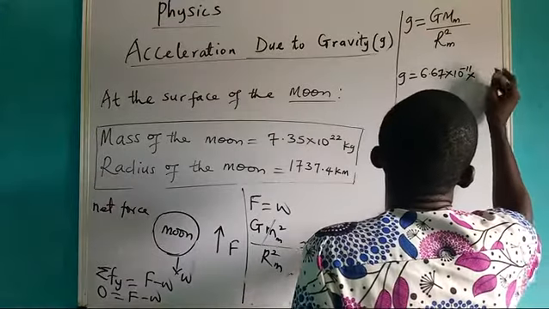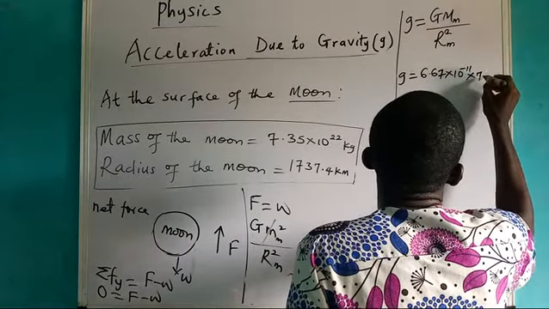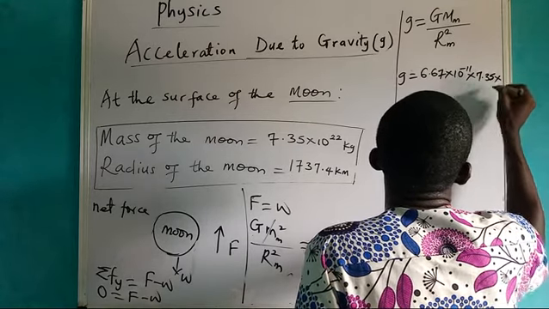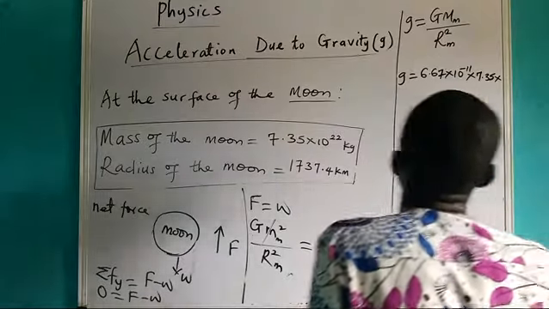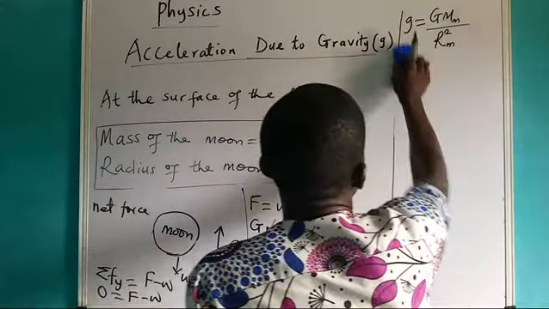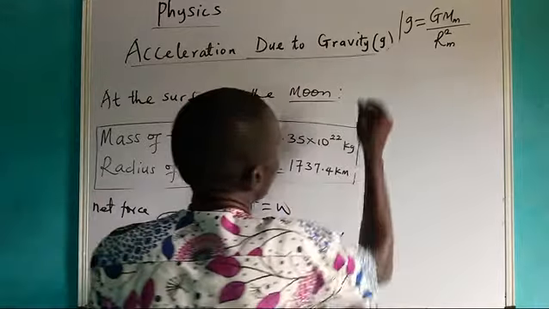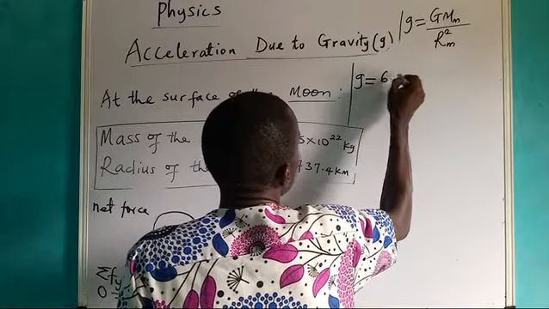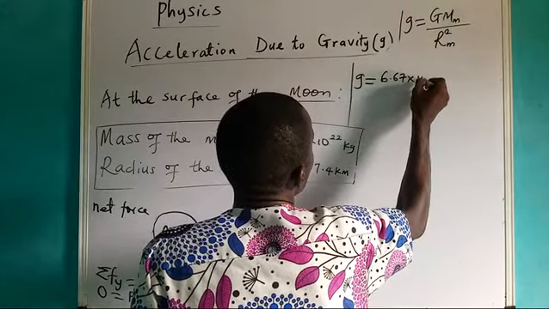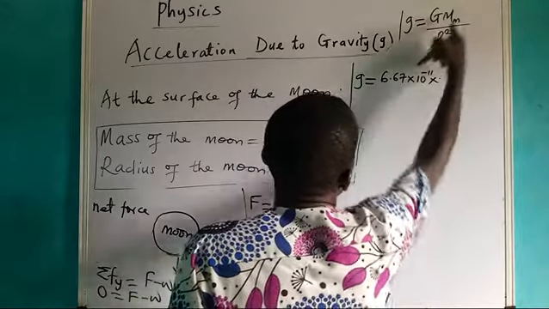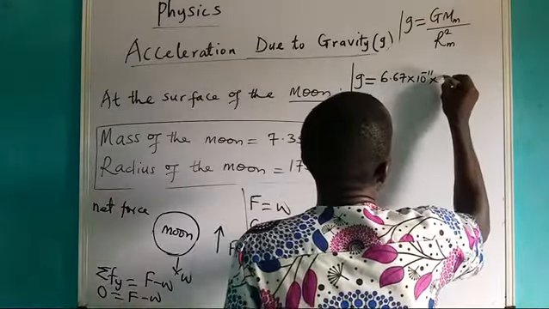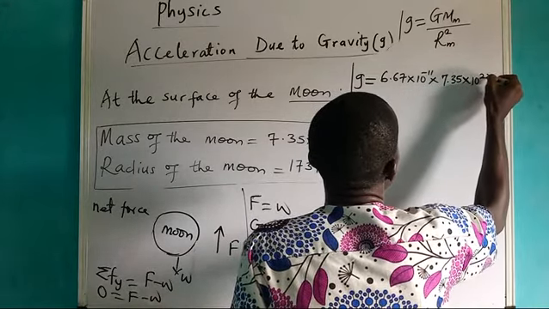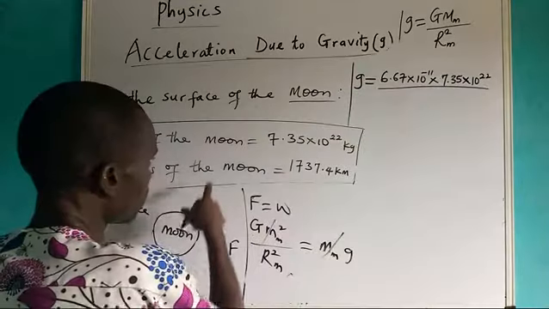The mass of the moon is simply 7.35 × 10^22. So we have 6.67 × 10^-11 times the mass of the moon, 7.35 × 10^22, all over the radius of the moon.